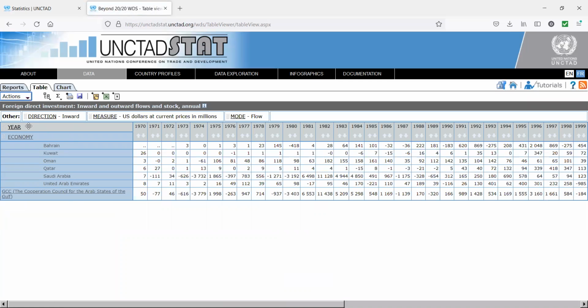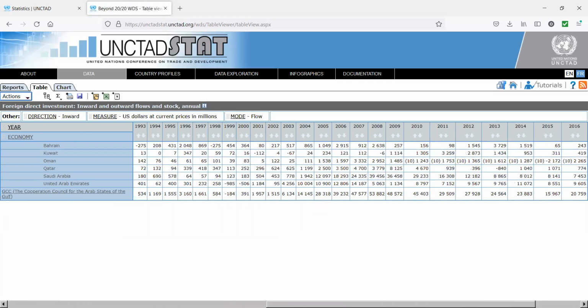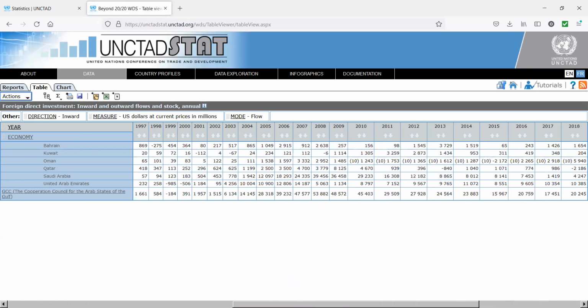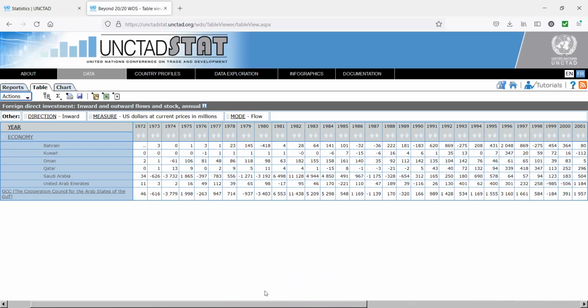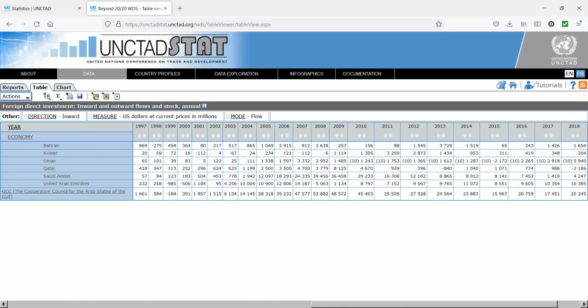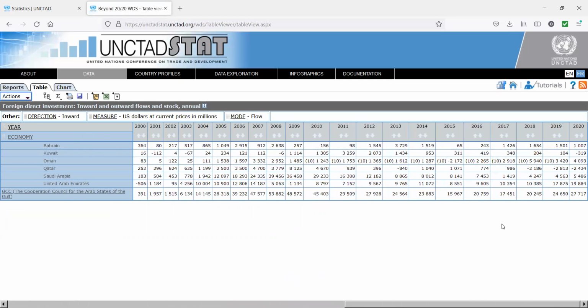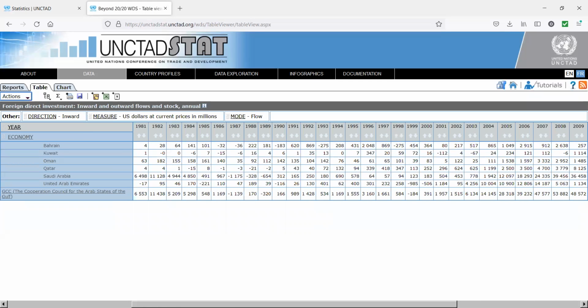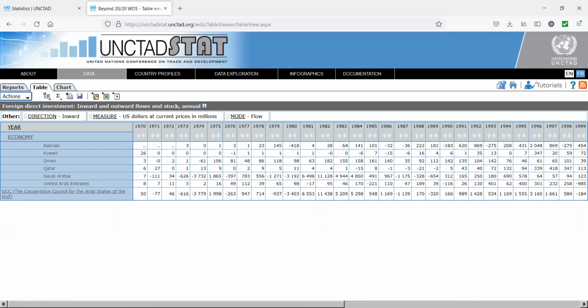So you see the years, you got all the years that we can get for our selection, and then you got here the average. So we've got the countries, years, and the average, and you got the data, and you'll be able to compare data. So you got data from as early as it is available. We have 1970.